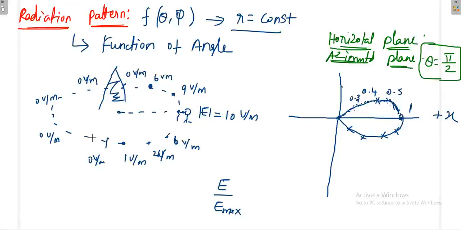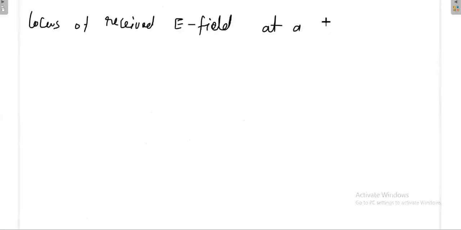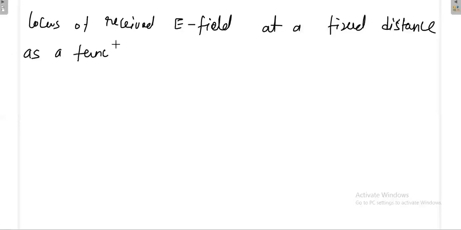So I'll write the definition. What is radiation pattern? This is the locus of received E field at a fixed distance, as a function of other space coordinates.